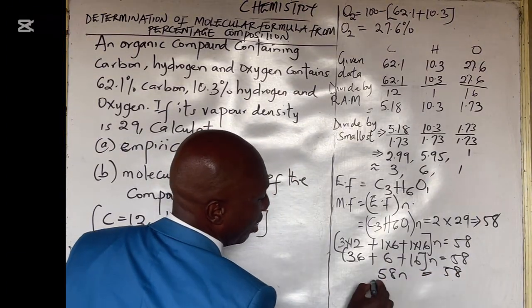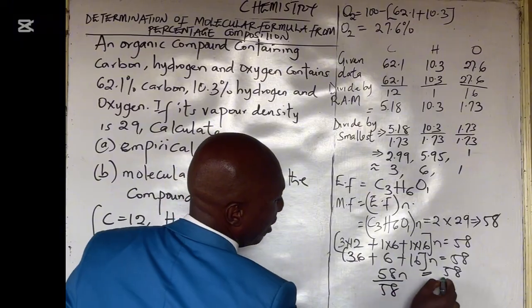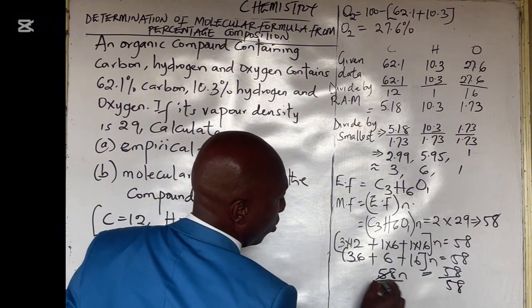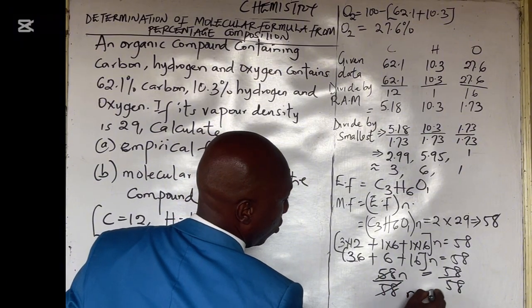To get N, we divide by 58. So N equals 1.